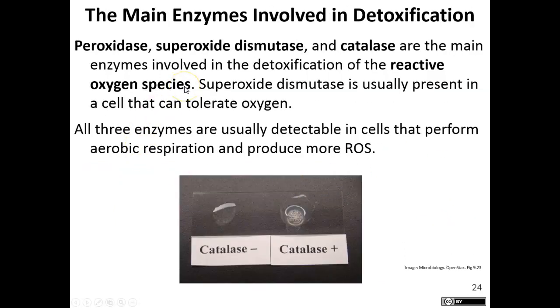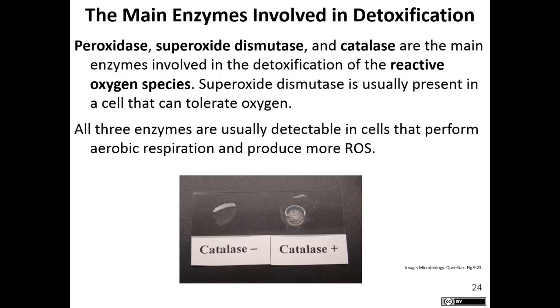So I talked about oxygen being a dangerous molecule, and it is dangerous, but even though it's dangerous, it's necessary for the growth of certain organisms, including humans.